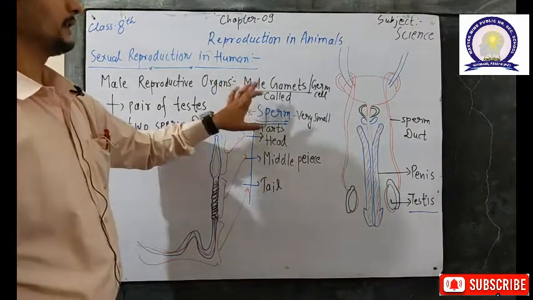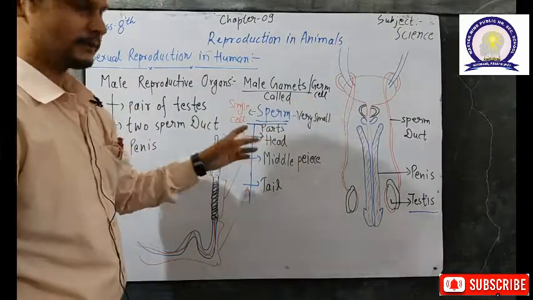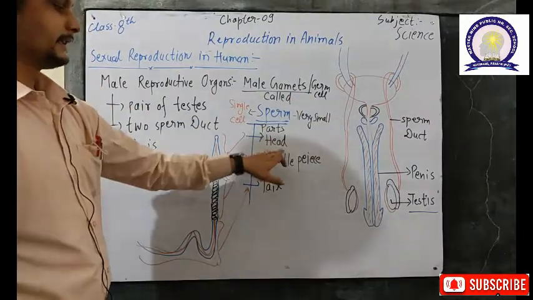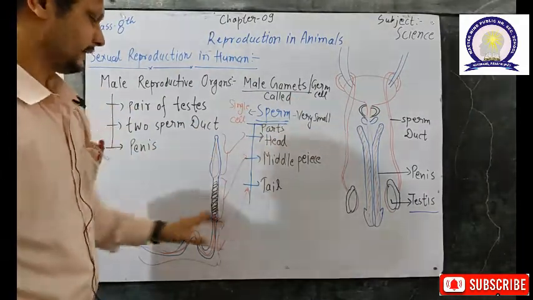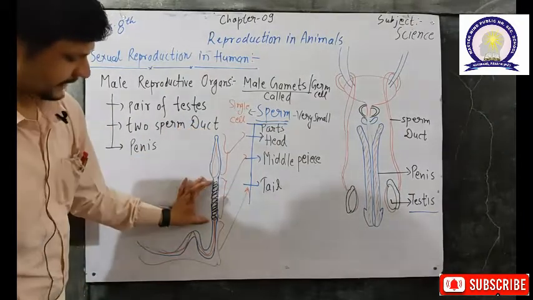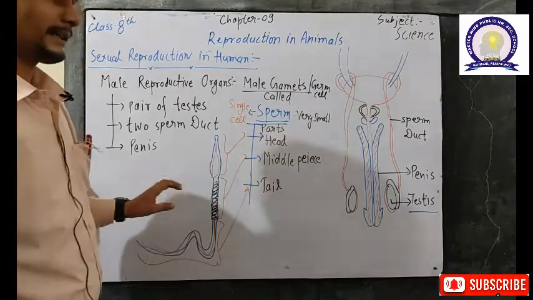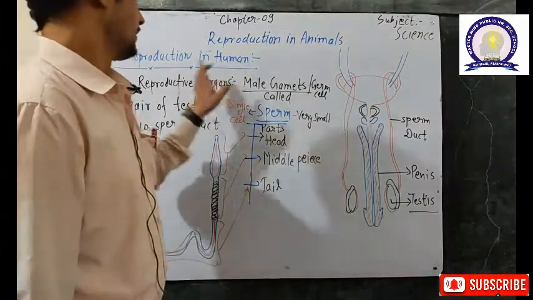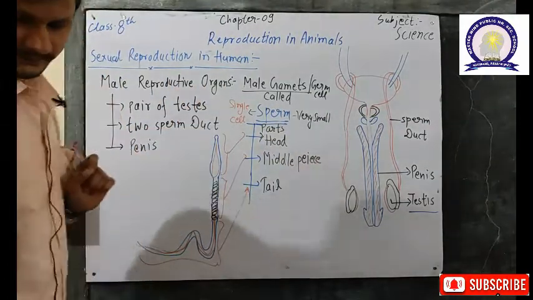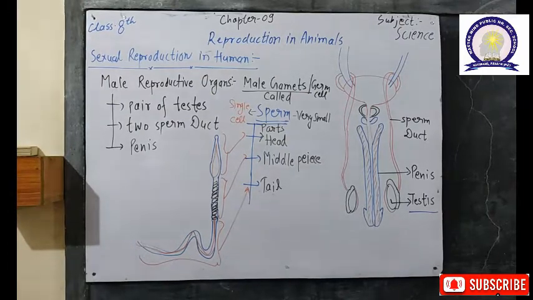So the human male reproductive germ cell, also called a sperm, has three parts: head, middle piece, and tail. In the diagram, this is the head, here is the middle piece, and this is called the tail. In a further section we will discuss the female reproductive organs in humans.